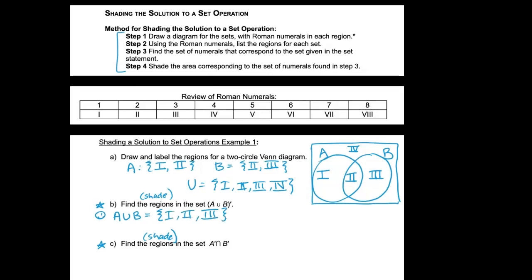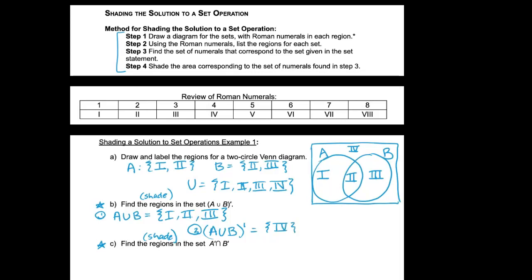Then step 2 is to find that complement, so A union B complement. If 1, 2, and 3 are in A union B, then the complement is going to be whatever is left over, or outside. You can see from the picture that 4 is outside of that union, or you can look at the universal set listed out, and 4 is the Roman numeral that is not included in A union B. So 4 would be the answer there.